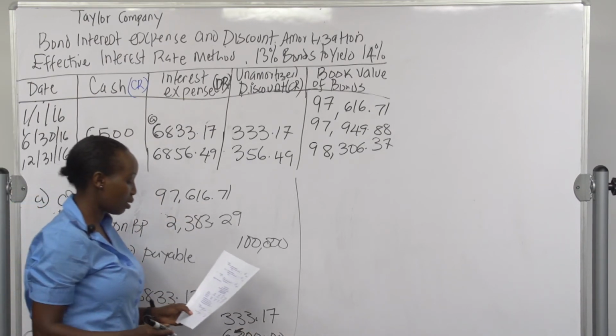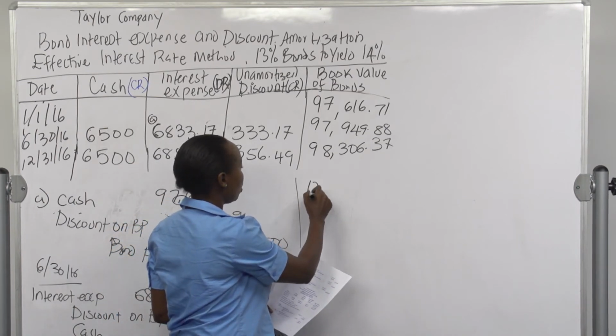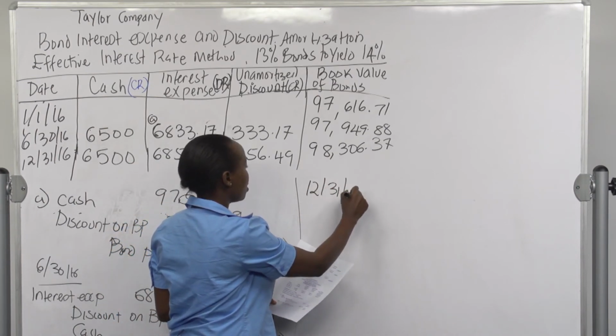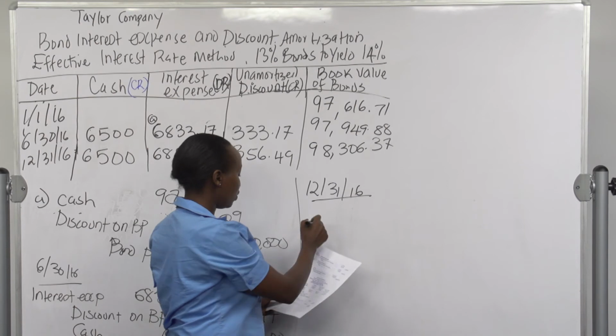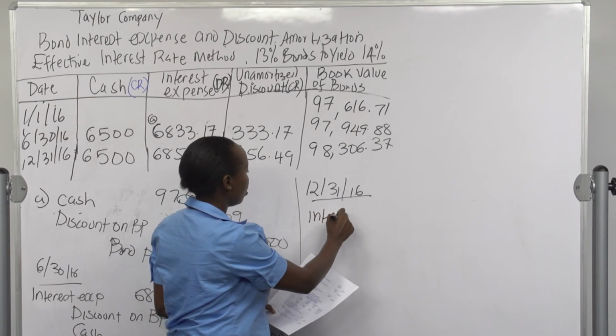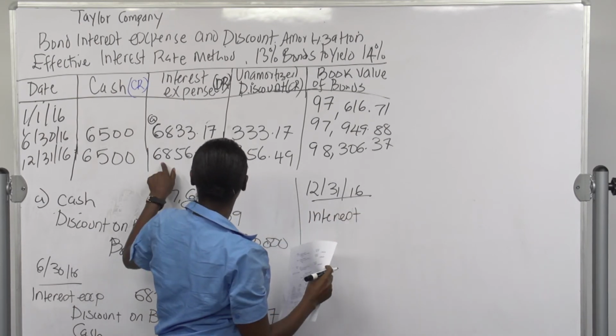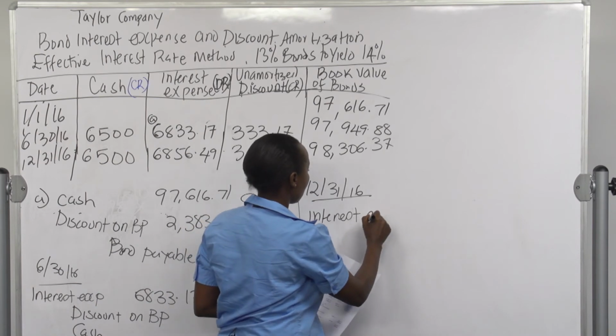Let's do December, 12/31/16. We have interest expense, which we already computed, 6,856.49.